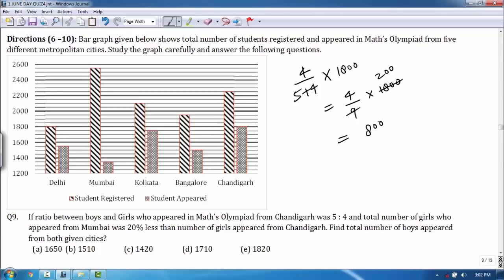Now the total number of boys who appeared in Olympiad from Chandigarh will be 5 upon 4 plus 5 into 1800, which is 5 upon 9 into 1800.